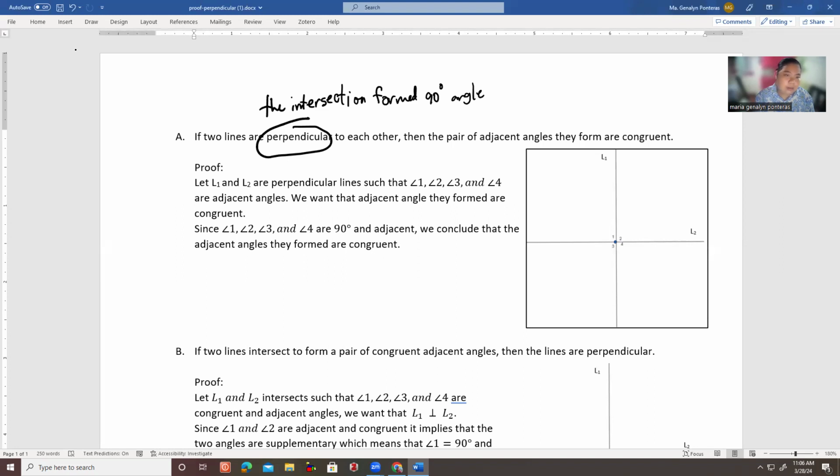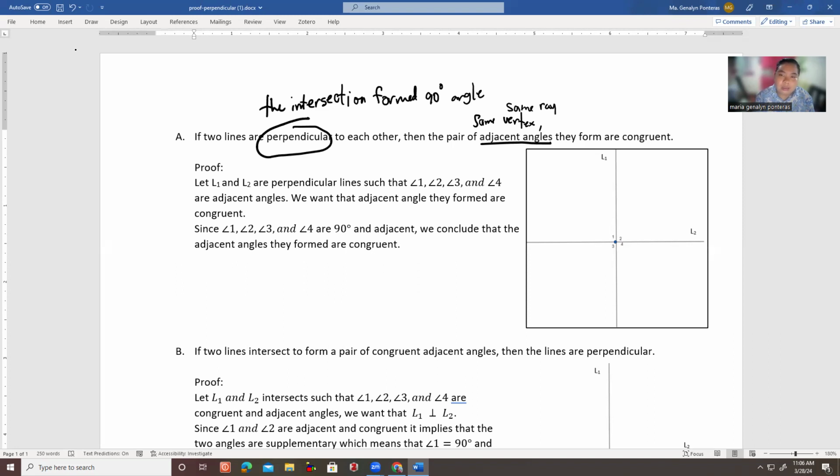Then, if they are really perpendicular, the adjacent angles. When we talk about adjacent angles, these are angles that have the same vertex and the same shared ray.